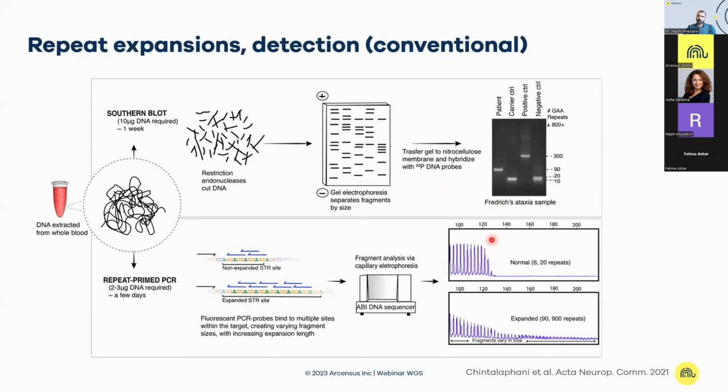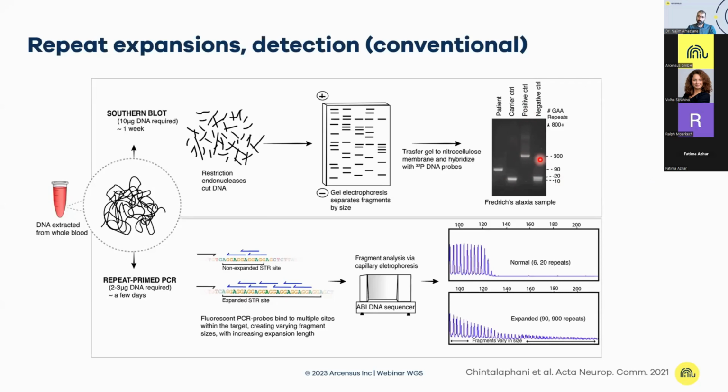And this is then eventually how the data is analyzed. When you have a patient that has a specific expansion, it will be tested alongside controls that are either negative or positive. Based on the size, you can see that the fragments will run differently on a gel. If it is expanded, the fragment will run slower on the gel.